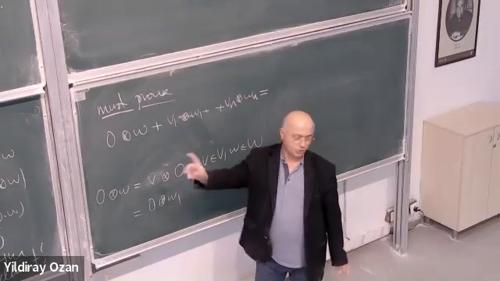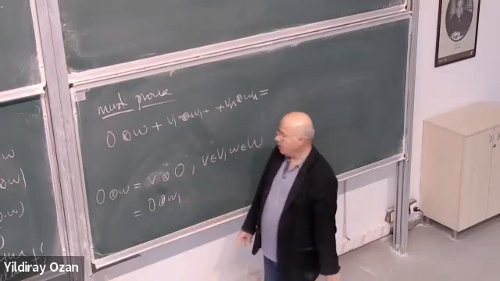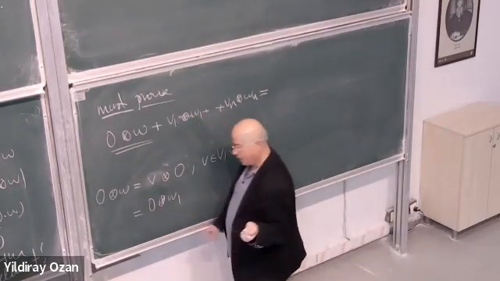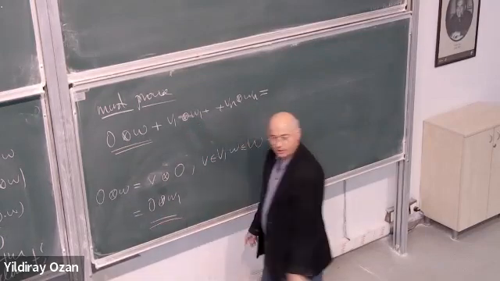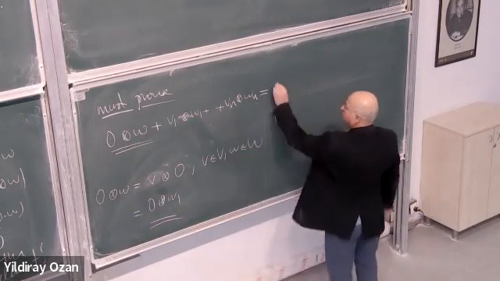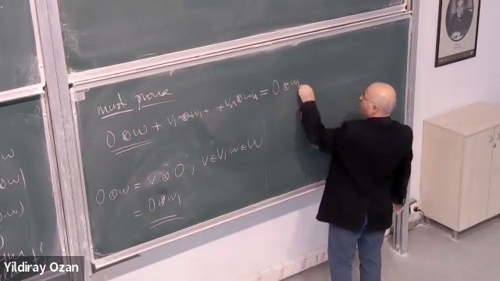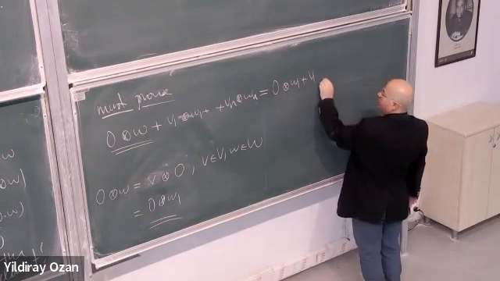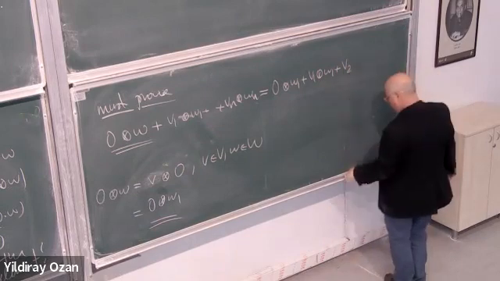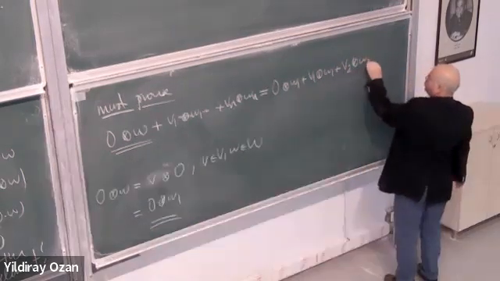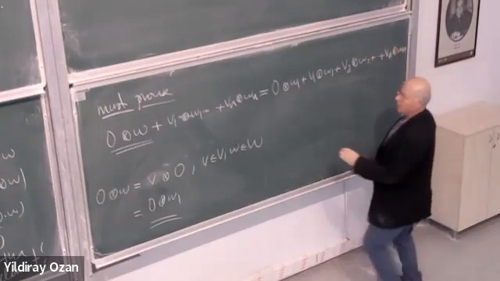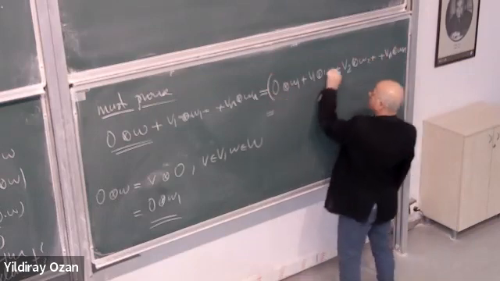Okay, so those axioms imply this. But then I can do the following. Instead of this gadget, I can just write this: 0 times W1. So 0 times W1, V1 times W1, V2 times W2, up to Vn times Wn. Well, just look at these two elements.